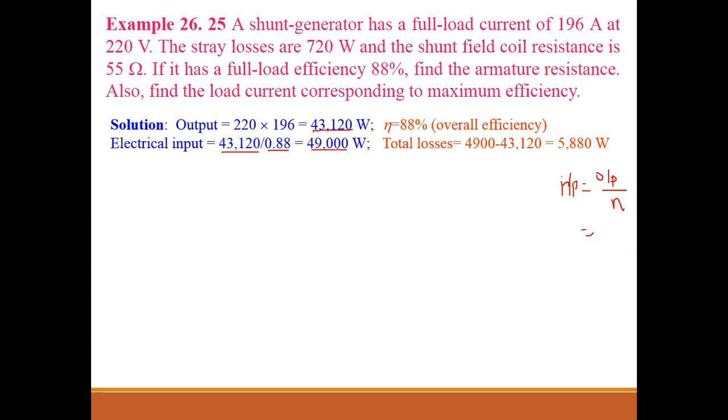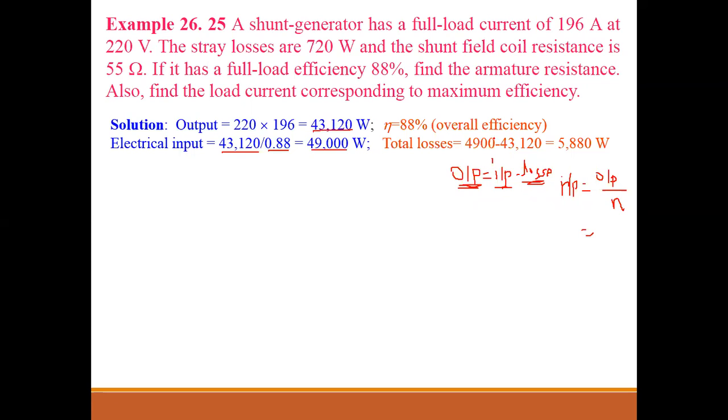So now we have the input as well as the output. We know that output is equal to input minus losses. Am I right? Yes, sir. So we know the output value, and the input value we have also calculated. Then we can easily find the losses. So input minus output is nothing but our losses.